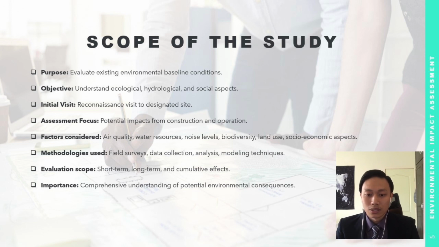The last one is evaluation scope and also importance. EIA evaluates short-term, long-term, and cumulative effects of proposed projects on the environment. It provides a comprehensive understanding of potential environmental consequences, aiding in informed decision making and sustainable development practice.